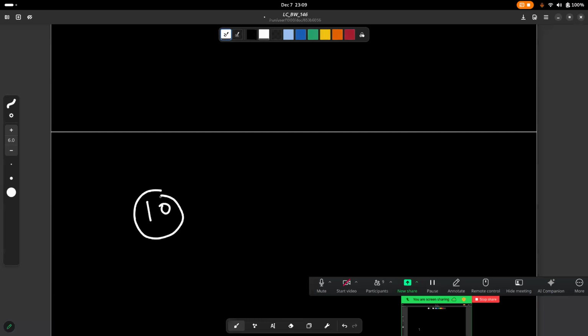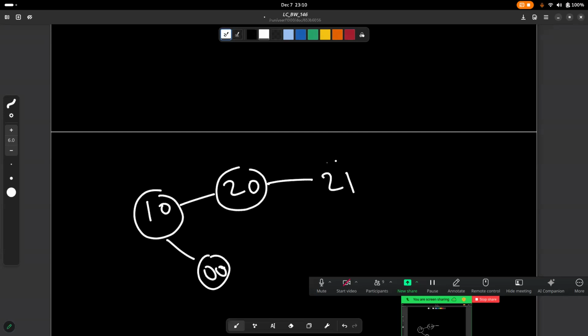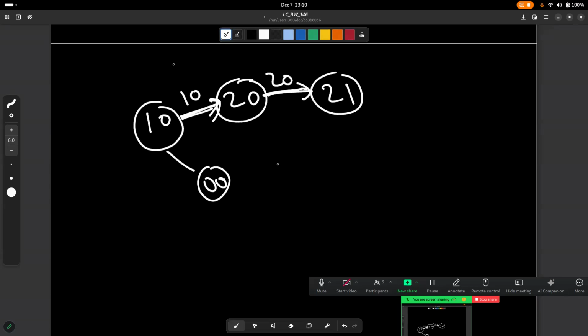So I'm starting at this 10. I can go to 20. I can go to say 0, 0. Then from 20, I can go to 21. Let's assign this edge a weight of 10. So let's just say that I need a cost of 10 to go from 10 to 20. I need a cost of 20 to go from 20 to 21.